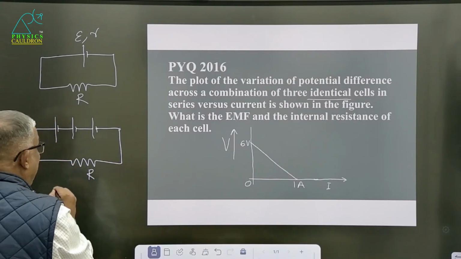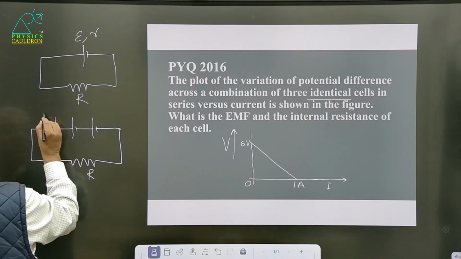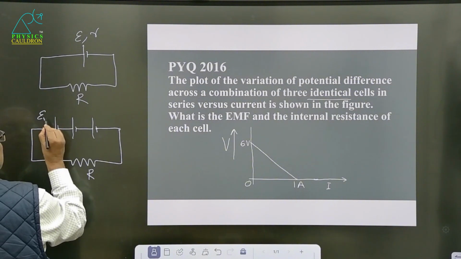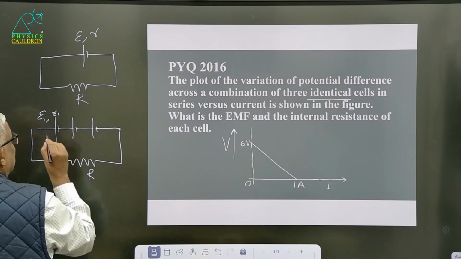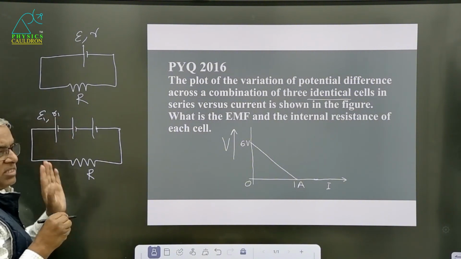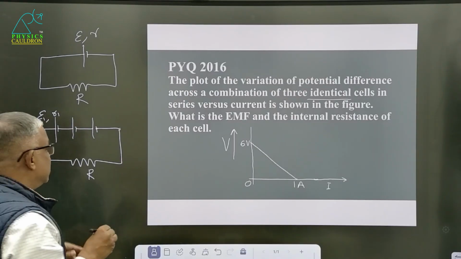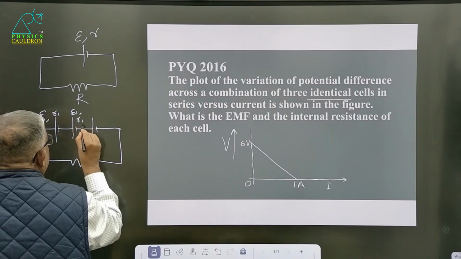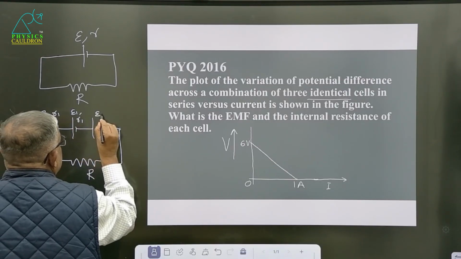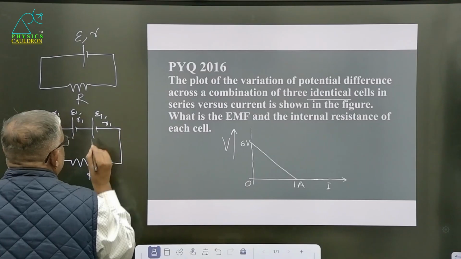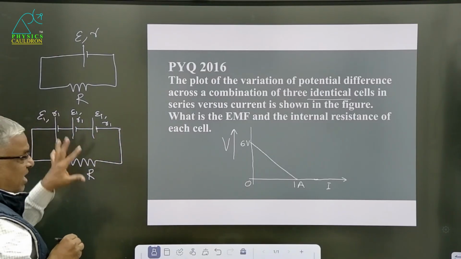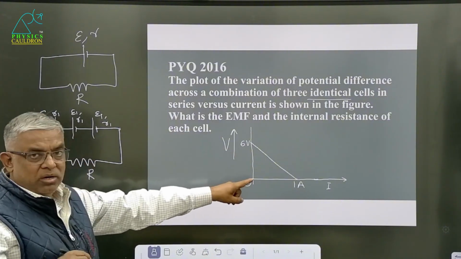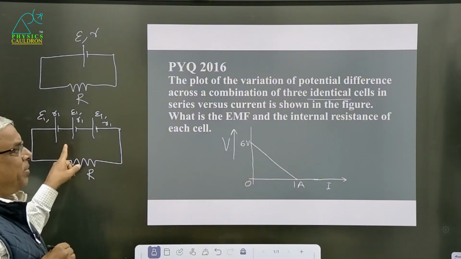Since the cells are identical, that implies each cell has the same internal resistance. If I call the EMF E1 and the internal resistance R1, then E1 is the EMF and R1 is the internal resistance of one cell. The second cell also has E1, R1, and the third cell also has E1, R1. So, three identical cells. Now this graph is drawn over this combination.